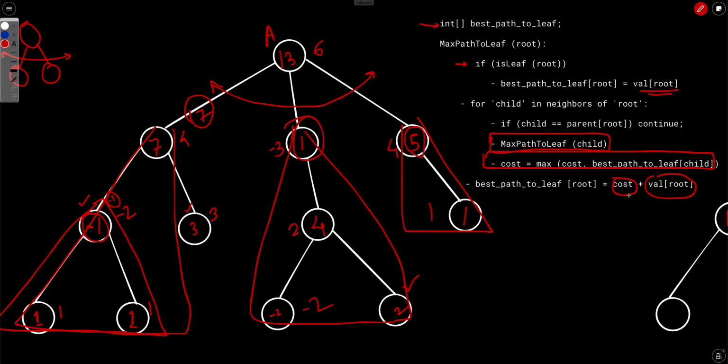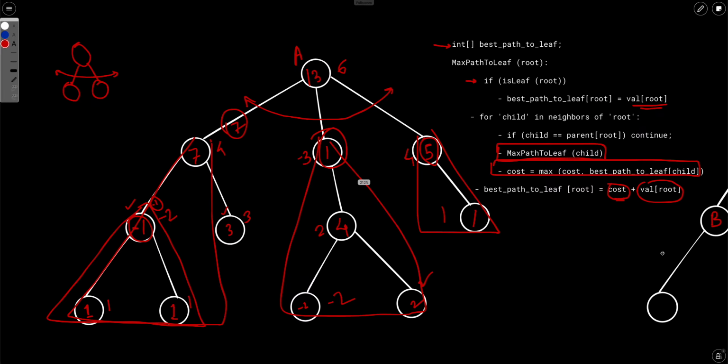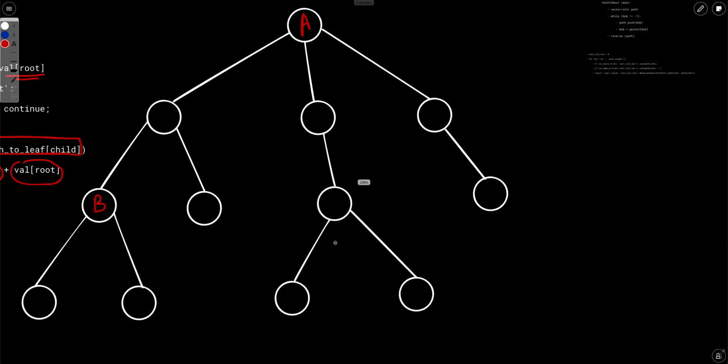The value for the root would be cost, which is the maximum across all the children, plus the current value of the root. Okay, so hope you get the clarity on how to solve the question if Bob would not have existed. Okay, now once we have solved this particular piece, the rest is very simple. Let's try to discuss that.